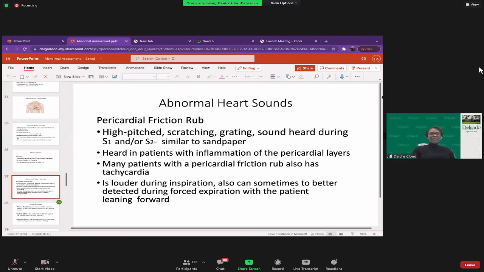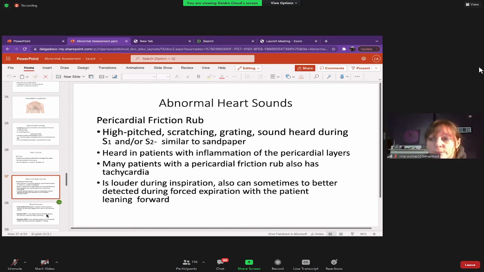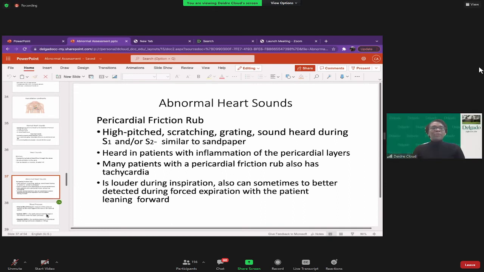You may have tachycardia, and it's louder during inspiration. It's a high-pitched grating sound. And this is the one that's confused with the pleural rub. If you hold your breath and you don't hear it, it's probably pericardial. Thank you.